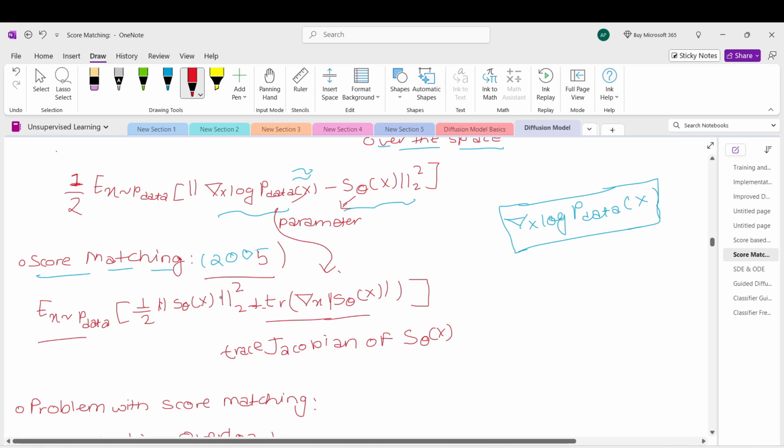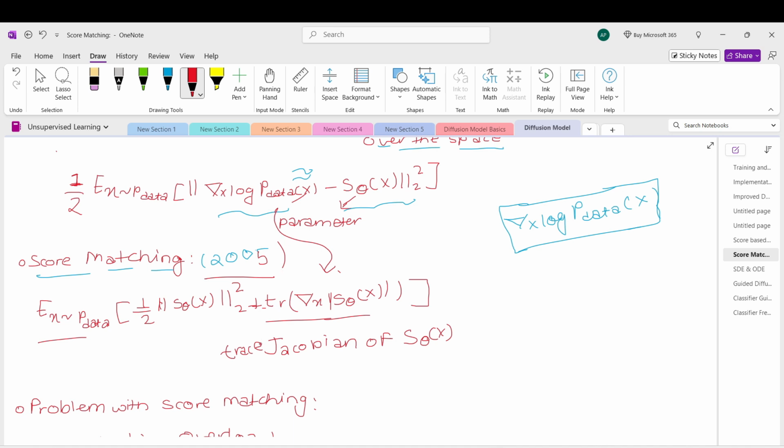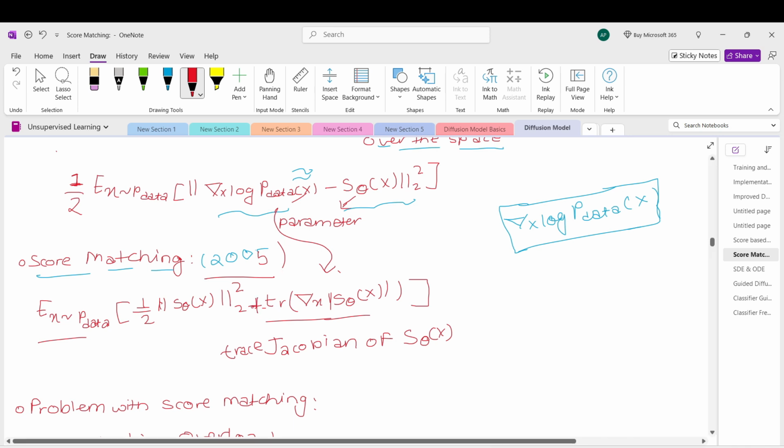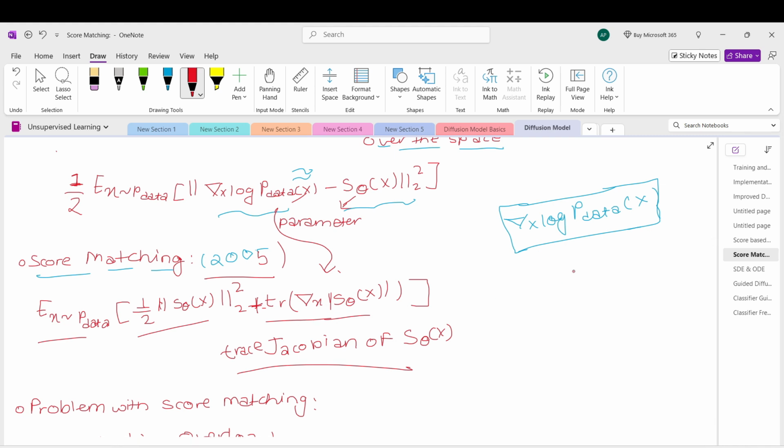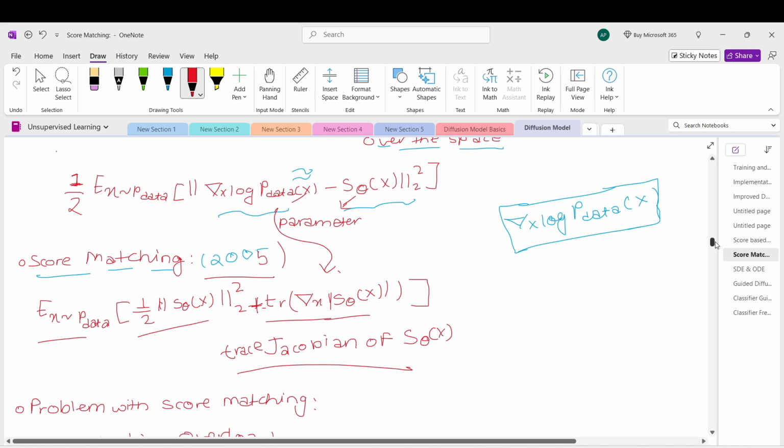So we get rid of this quantity here, and this is our objective right now. We are left with this trace of Jacobians, and this quantity, and this quantity can be easily approximated by the neural network, and this quantity can also be approximated by the neural network. But it has some pitfalls.